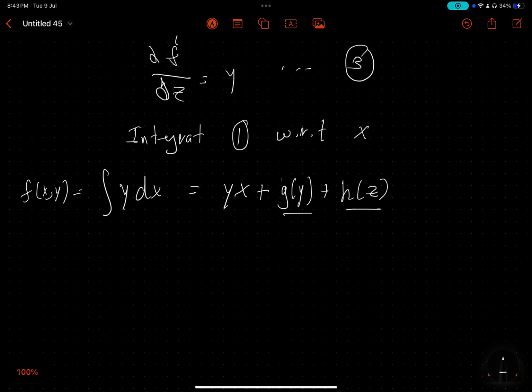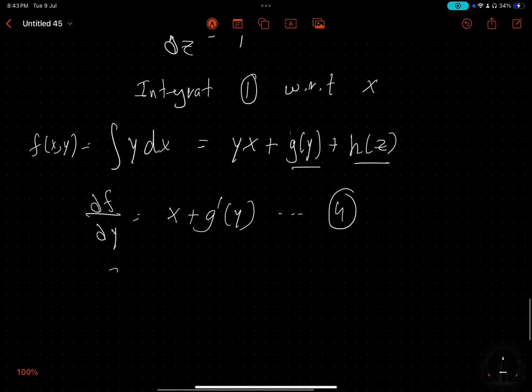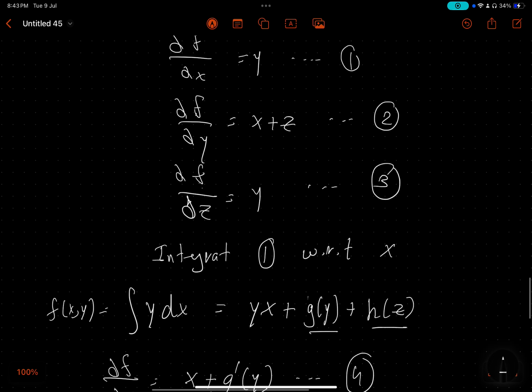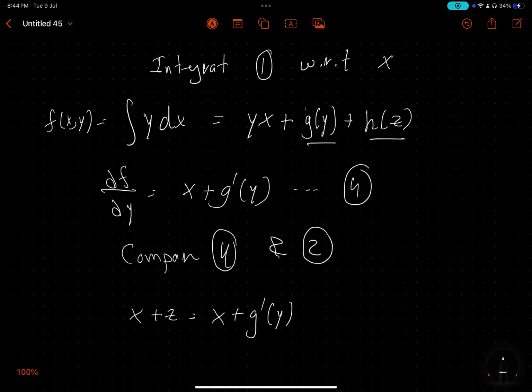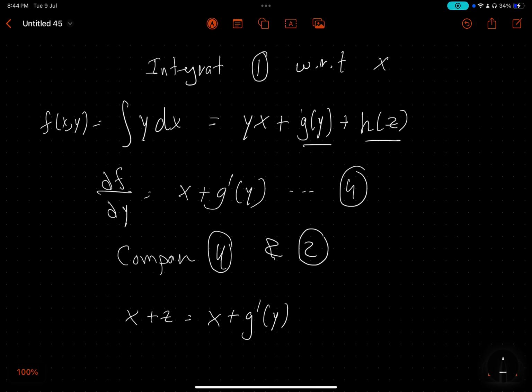And so basically, yeah. So let's now differentiate f with respect to y. So we're gonna get x plus g prime of y. Okay, and we call this 4. Now let's compare 4 and 2. 2 is just this, so x plus z. x plus z is gonna equal x plus g prime of y. Okay, I think we need to do something like this.